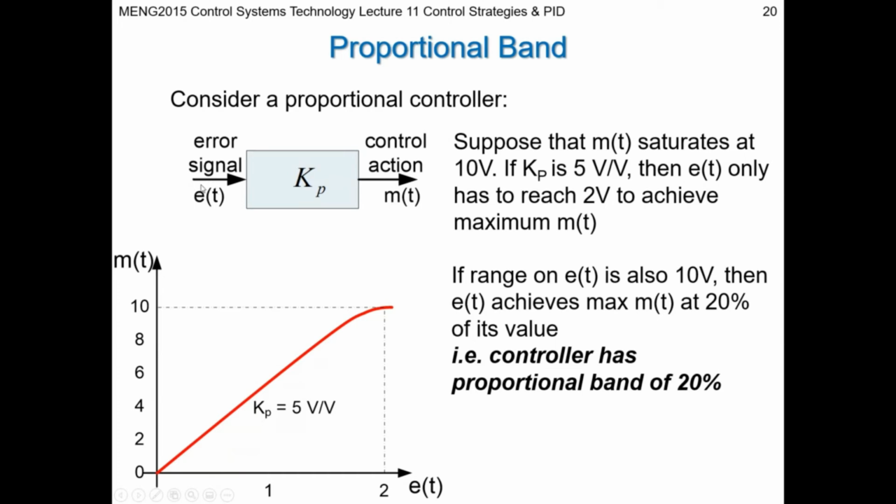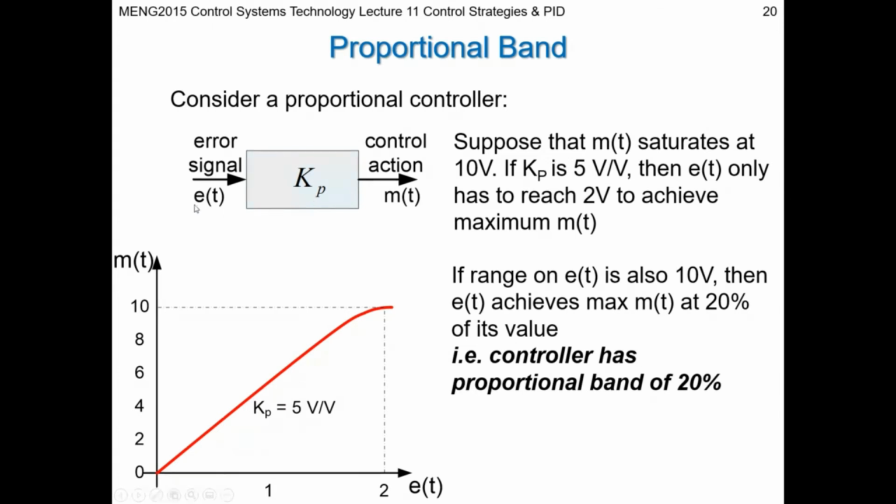So if the error has a range of, let's say, -10 to +10 volts, and the control action has a range of -10 to +10 volts, then once our error gets to just 20%, or 2 volts, of its maximum value, the control action saturates.